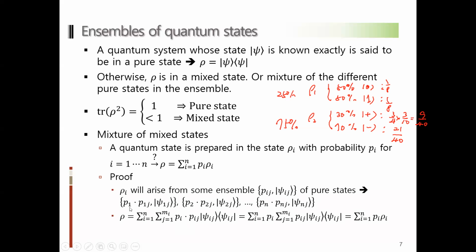Here I just represented this probability with p_ij, where the i represents this part, and then the j represents each of these.